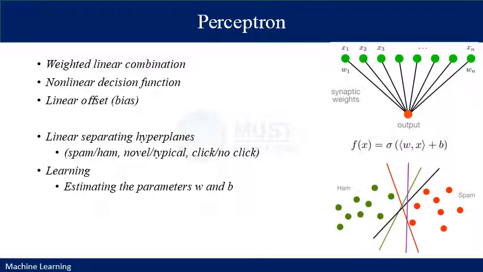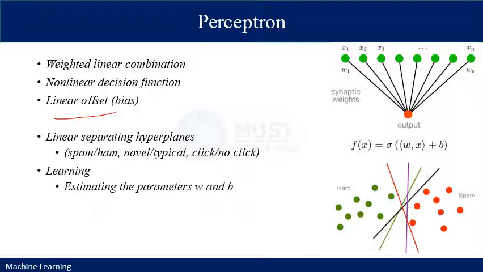The perceptron, as described earlier, is a weighted linear combination of input feature vectors, and it may contain some non-linear decision functions. It contains a linear offset bias.